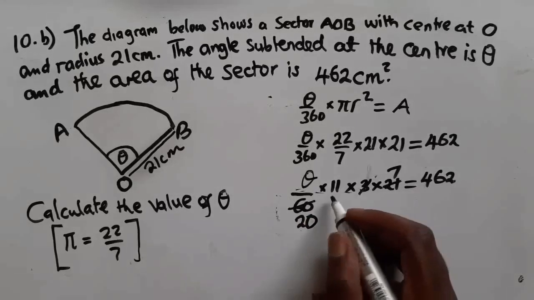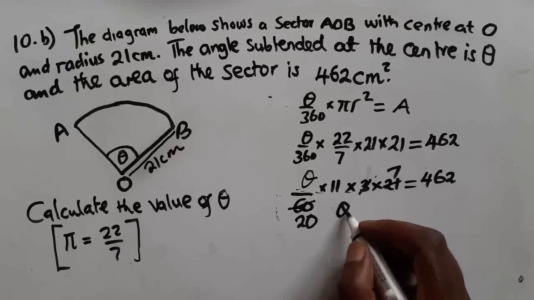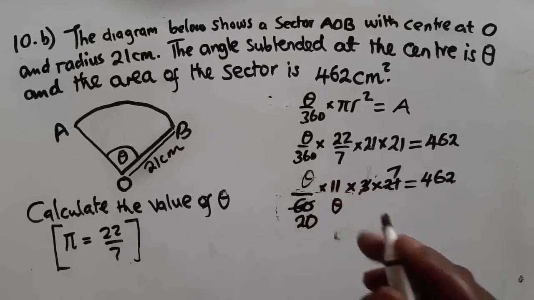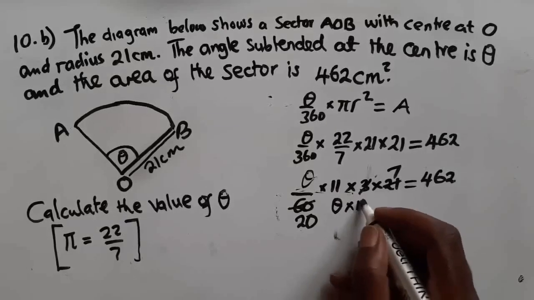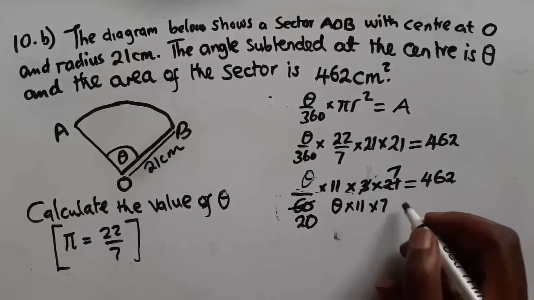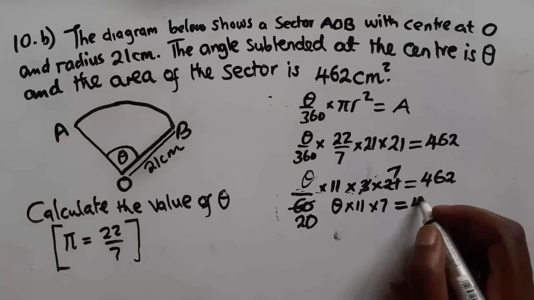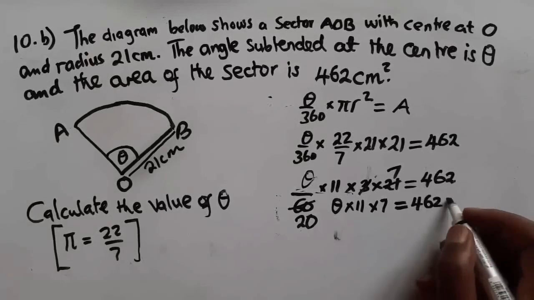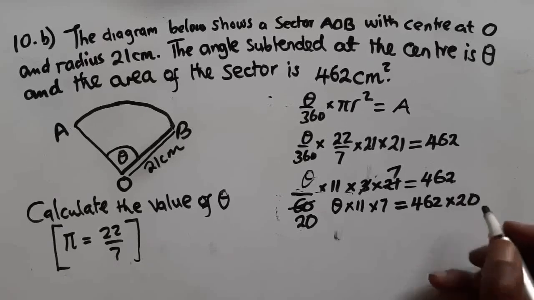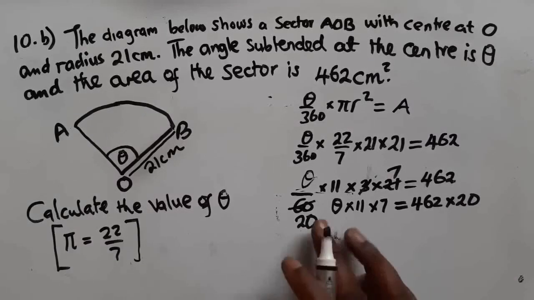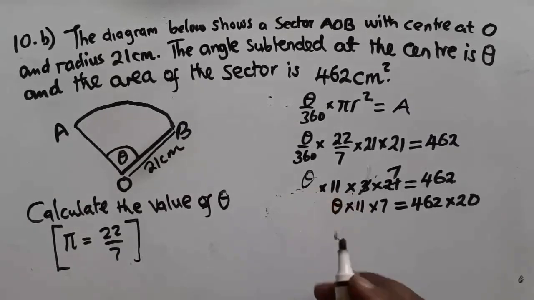So at this point now, this side we are remaining with theta. Theta multiplied by 11 multiplied by 7. This will be equal now to 462 multiplied by 20, where I said you cross multiply at that point. Okay? So this side we no longer have this.